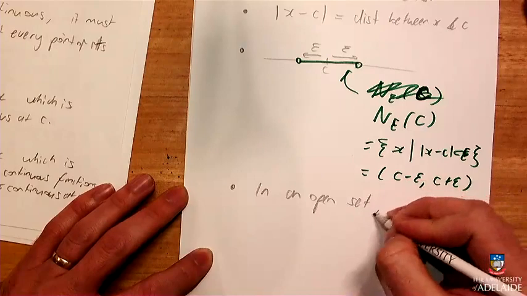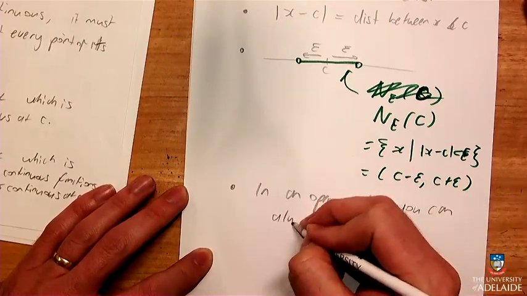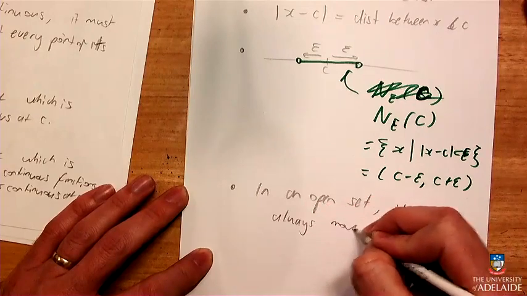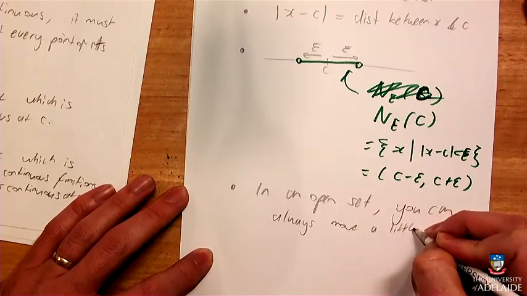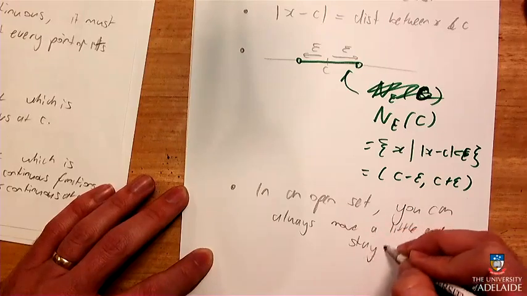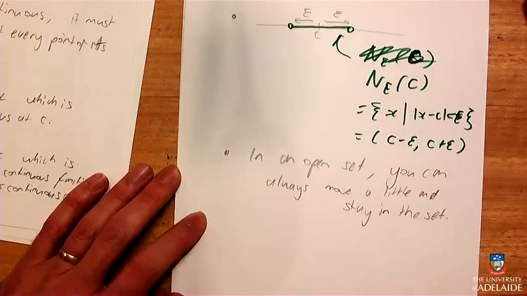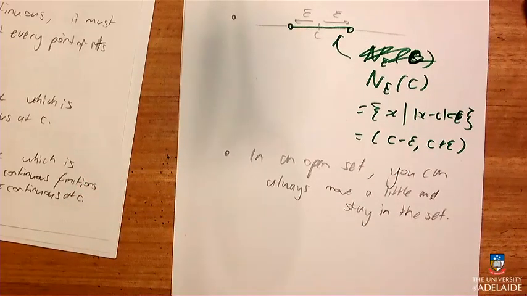In an open set, you can always move a little and stay in the set. But if it's not open, there are some points where if you move a little, no matter how little it is, you fall off the set.